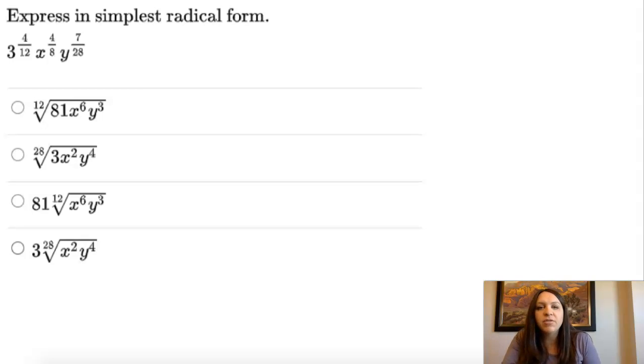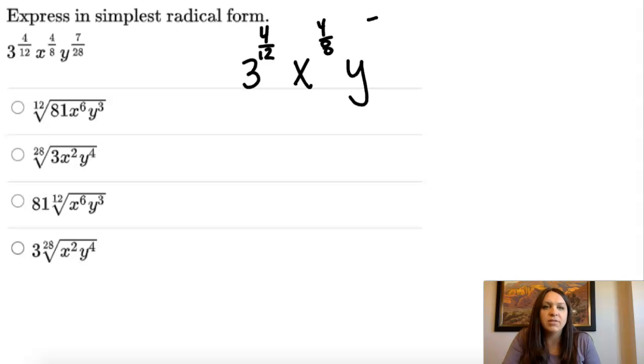So here I have 3 to the 4/12, x to the 4/8, y to the 7/28. So first thing I notice is that all of these fractions can be reduced.